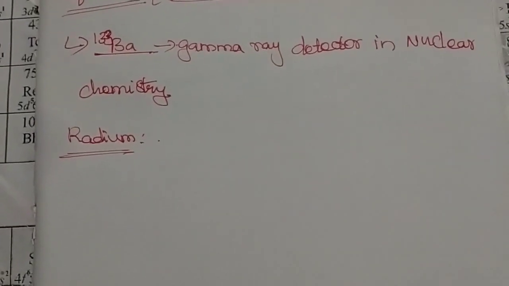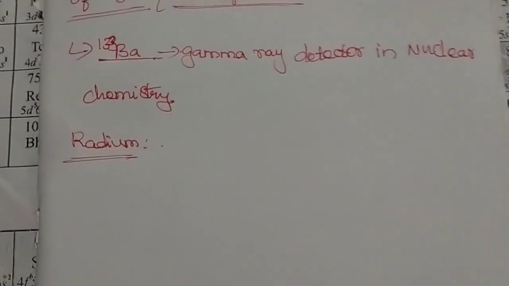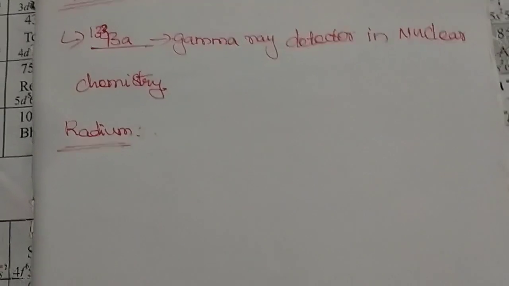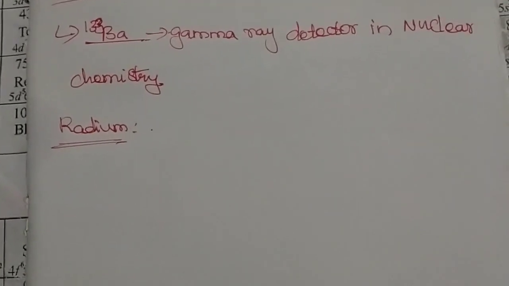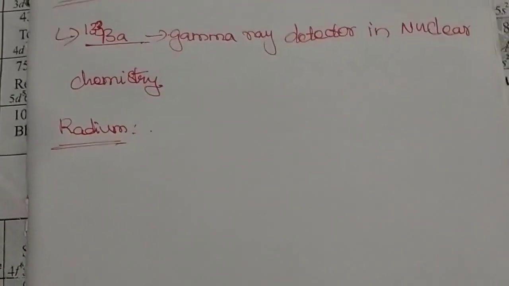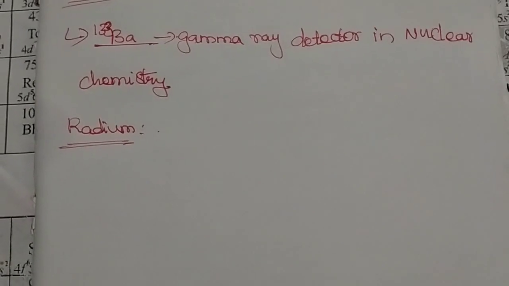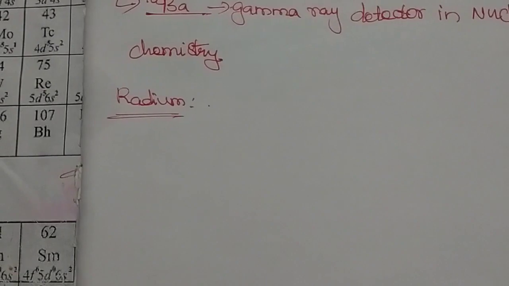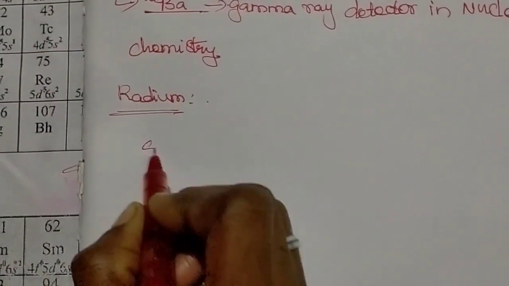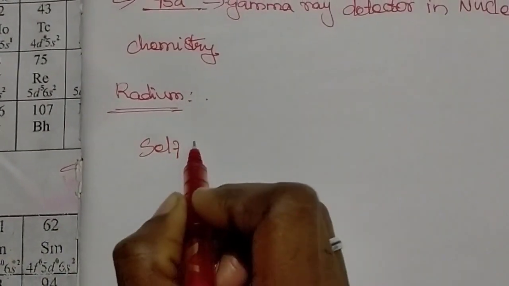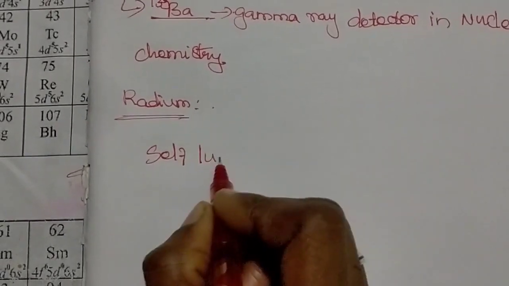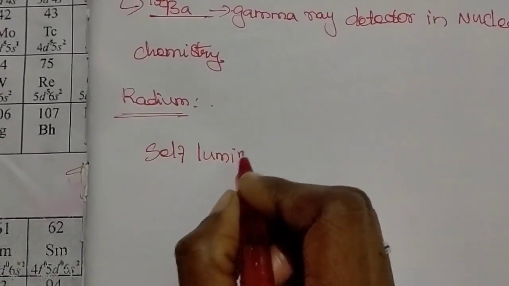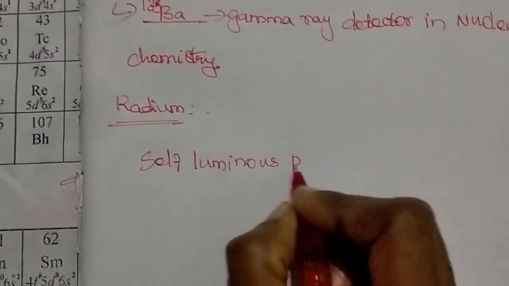So using this self-luminous character, radium is used as a paint for watches, nuclear panels, aircraft switches, clocks and instrument dials. So it is used as a self-luminous paint.